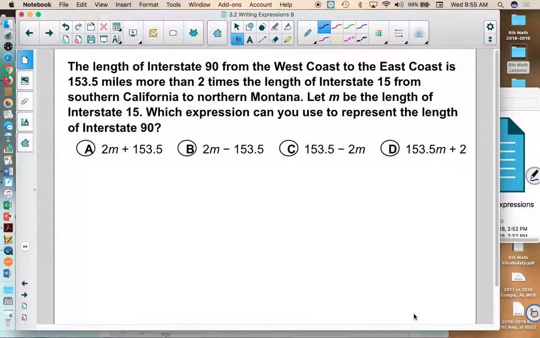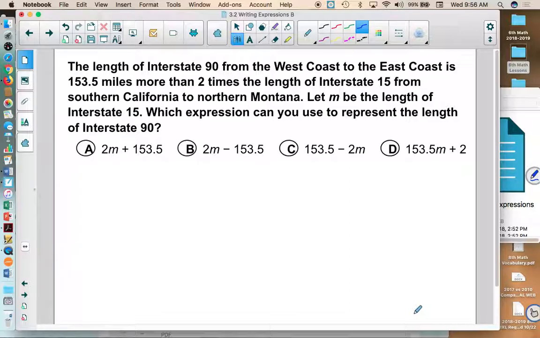Yeah. Okay. The length of Interstate 90 from the west coast to the east coast is 153.5 miles more than 2 times the length of the Interstate 15 from Southern California to northern Montana. Okay, I'm going to go in right now and underline some important things.